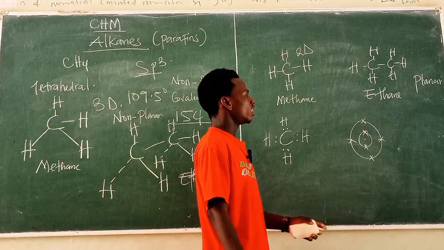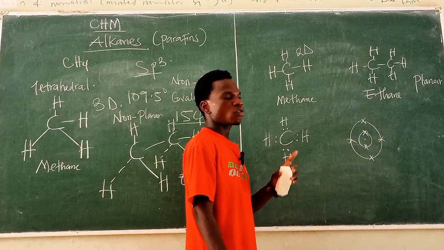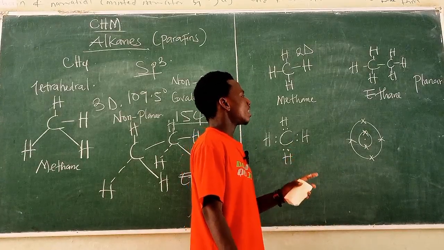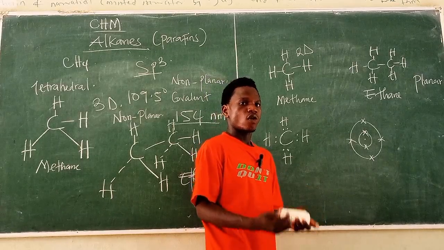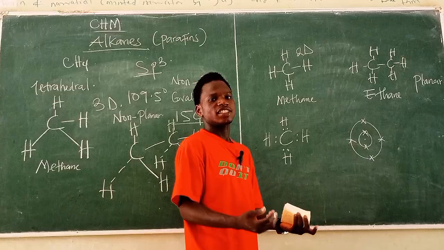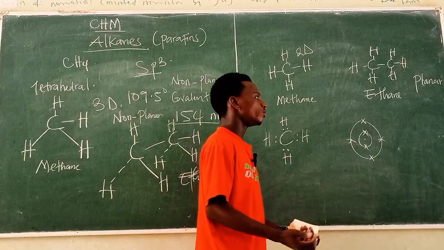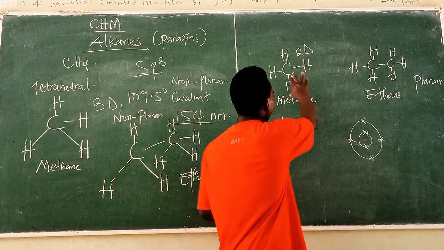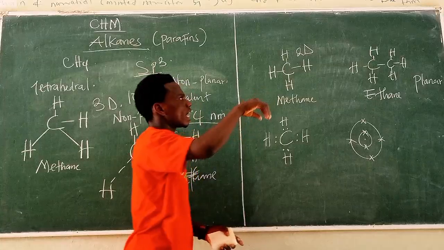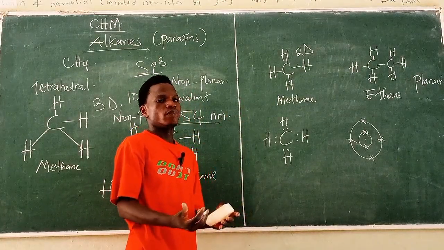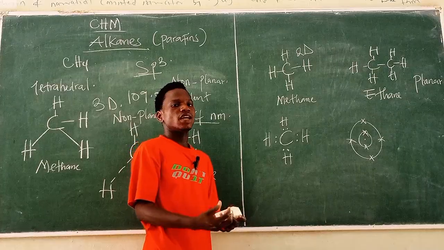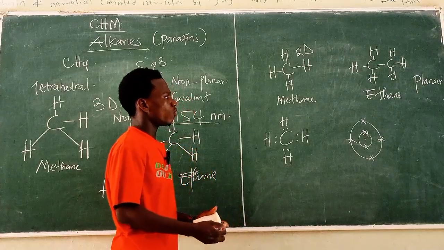In that case, it needs 4 more electrons to complete its outermost shell. That is why carbon forms just 4 bonds, not more than 4 or less than 4, except if it is an ion. Now, when carbon links together with other atoms using a covalent bond, there is a sharing of a pair of electrons which makes carbon complete.